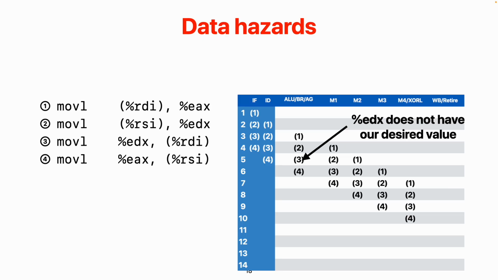However, the generator of EDX, which is instruction 2 at this moment, can only have the EDX value ready after it has been done and written back to a register. So there's no way we can have instruction 3 being executed at this moment.